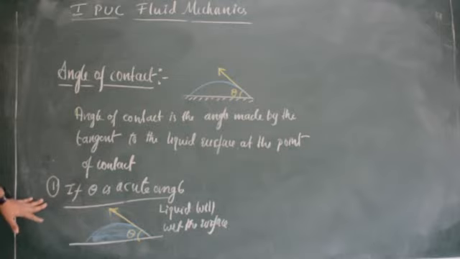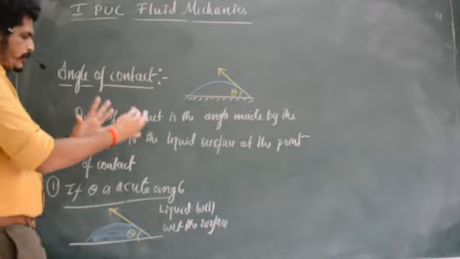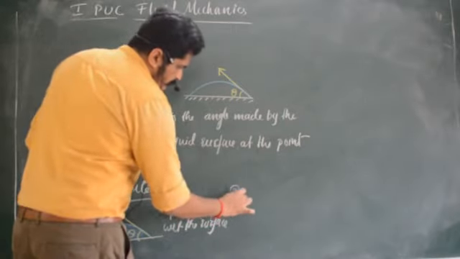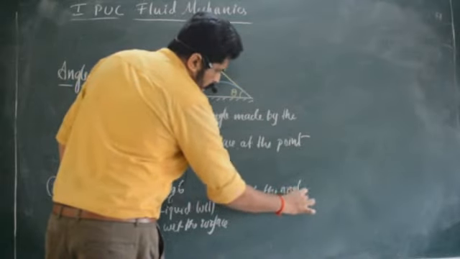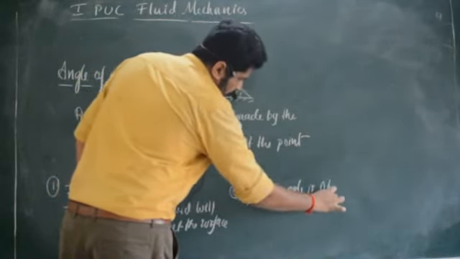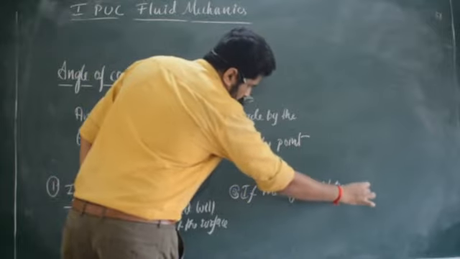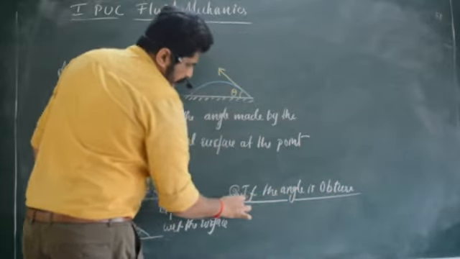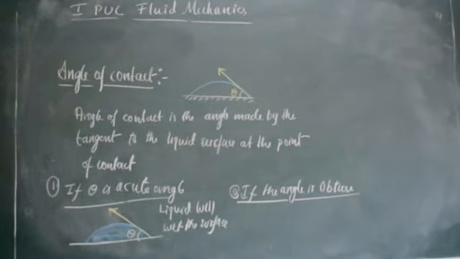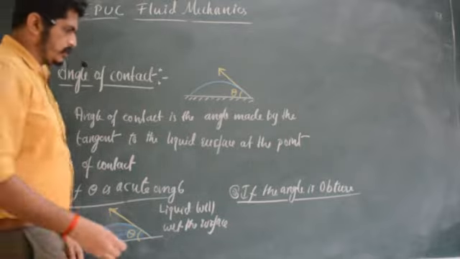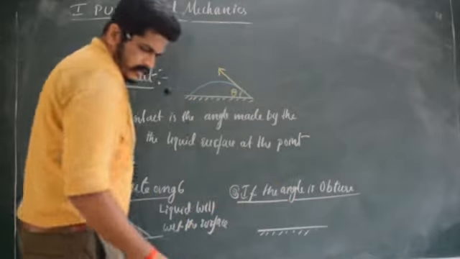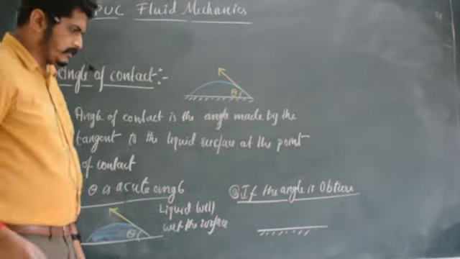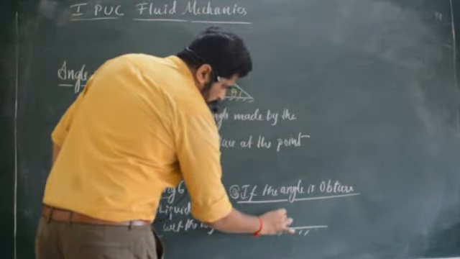That is condition 1. So in angle of contact, one more condition is there. What is that? If the angle is obtuse, that means more than 90 degrees. If the angle is obtuse, what happens in this case? That means how the liquid has to look, of course, like this. Surface, horizontal surface. Now the angle has to be more than that, correct? So the liquid will be almost like a drop.